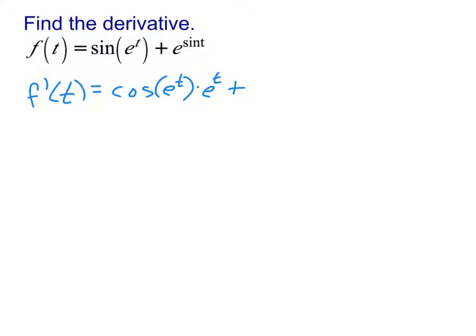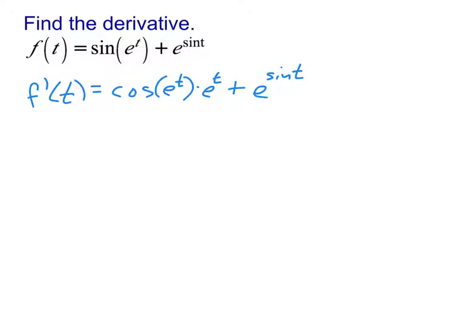All right, and now we go the other way. So now I'm going to do the derivative of e to the sine of t. First up, derivative of the outer function. The outer function here, our basic function that everything else is built on, is the e to the x kind of part. So this is going to be e to the power of sine of t, because again, it's its own derivative.